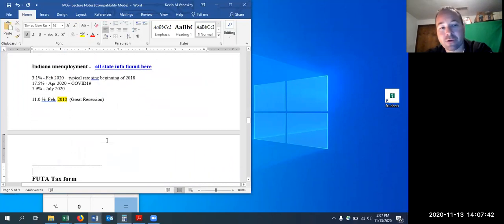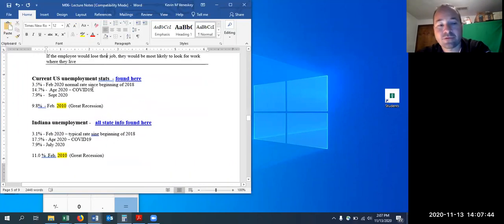I thought it was pretty interesting to look at the unemployment stats, especially as we went through the COVID era, and still are, but the curve has definitely gone back down. Just before the COVID pandemic hit, we were at a very, very low rate.